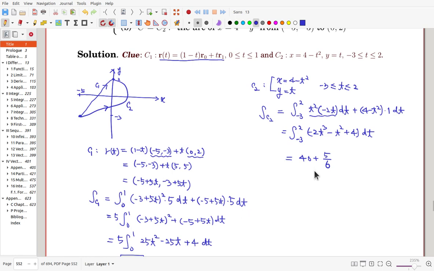Here, the main point is that the line integral can be different even though the initial point and terminal points are the same. And if you are trying to get the line integral along a different path, then the value can be different. Right? That's one example.